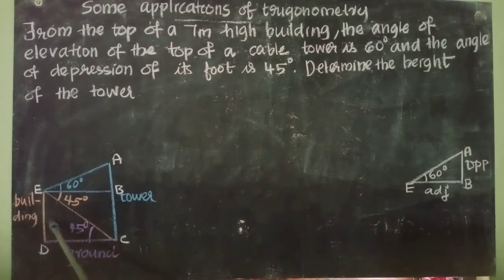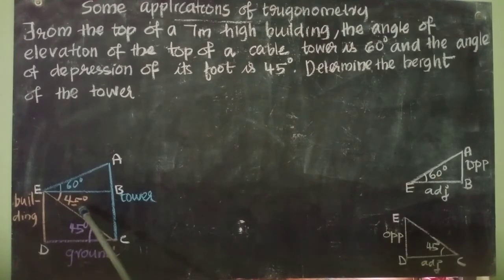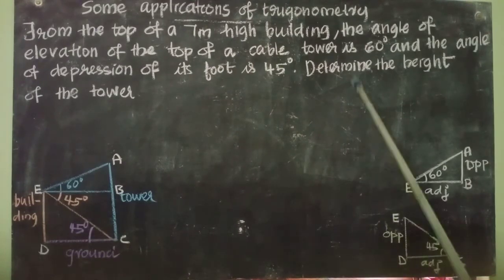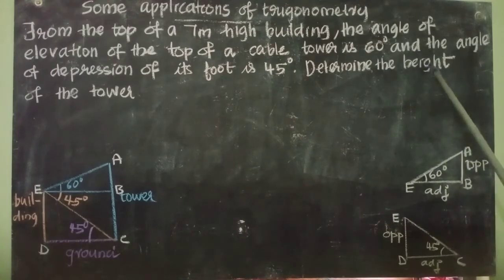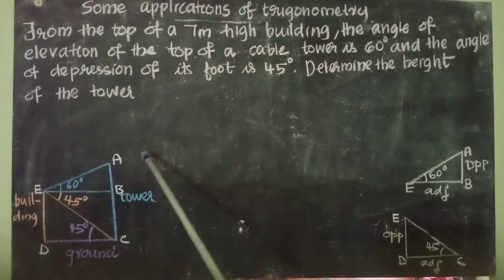This lower position right triangle is easy to take. You can select any one because both are congruent right triangles, but always we are selecting the right triangle with the angle of elevation. The question is to determine the height of the tower. That means we need to find out this AC.